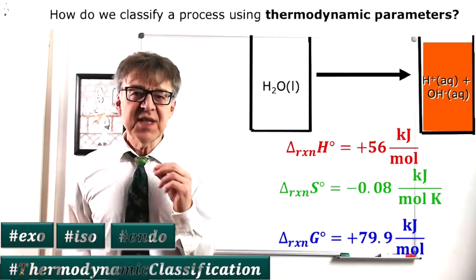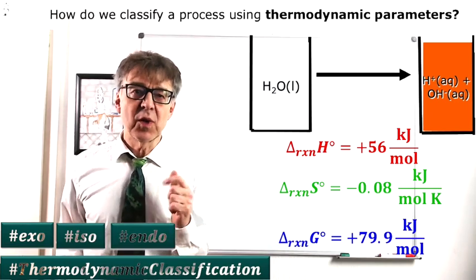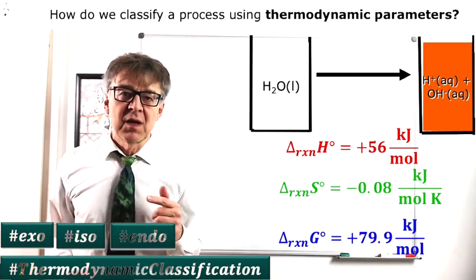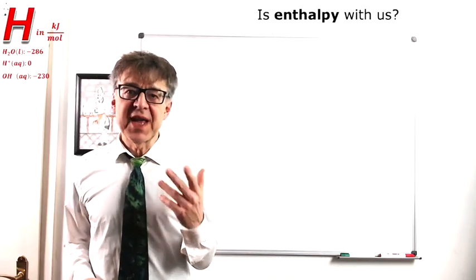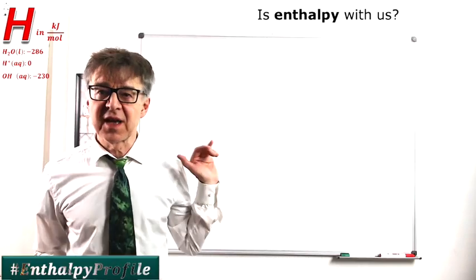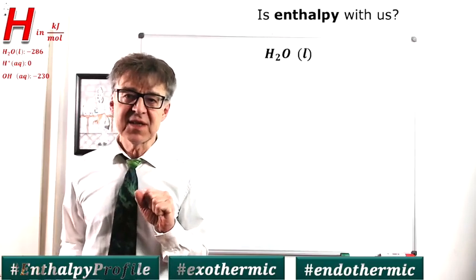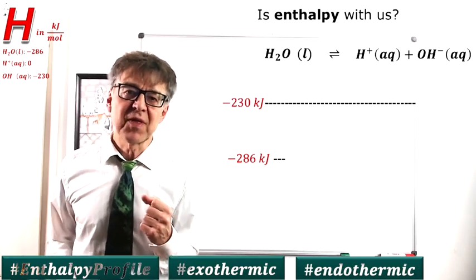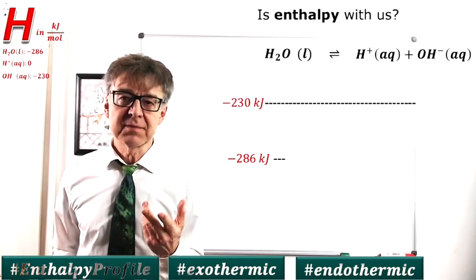We now want to see in detail how these three quantities change during the reaction. This is relatively simple for the energy. The energy, or actually the enthalpy, starts at negative 286 kilojoules for pure water and ends at negative 230 kilojoules for the products.